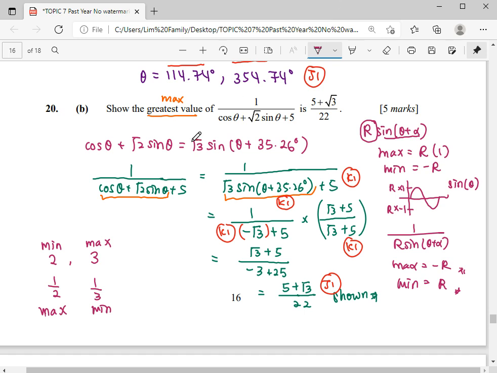Betul tak? 1/2, portion dia adalah lagi besar daripada 1/3 sebab ini 0.5, ini 0.3. So bila kita ke function yang kita dah inverse ni, 1/R, jadi maksimum dengan minimum dia pun terbalik. So bila kita nak cari yang maksimum, dia adalah sama dengan negatif R. Kita rujuk yang negatif, yang minimum value. Bila kita rujuk minimum, kita ambil yang maksimum. Sebab dia dah inverse, situasi maksimum jadi minimum terbalik dah.